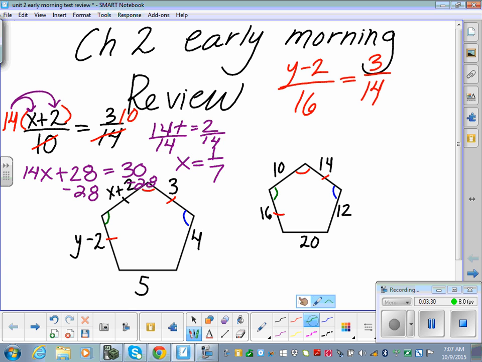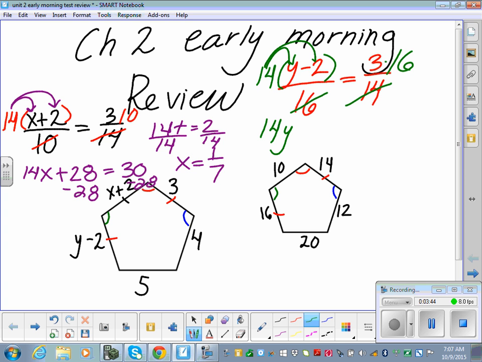Then we would cross multiply. Multiply both sides by 14, that has to go in parentheses, and it'll divide out over here. Multiply both sides by 16, but it will divide out on the bottom. So then we have 14 times y, 14y, and 14 times negative 2 is negative 28, which is equal to 3 times 16, which is 48.